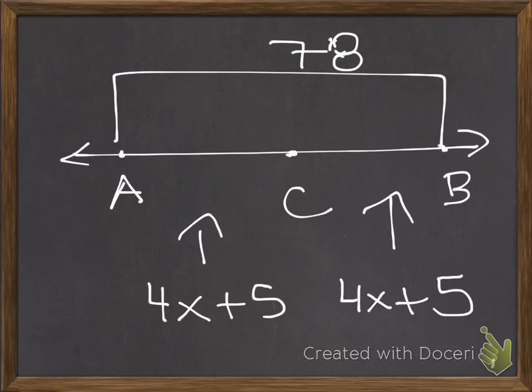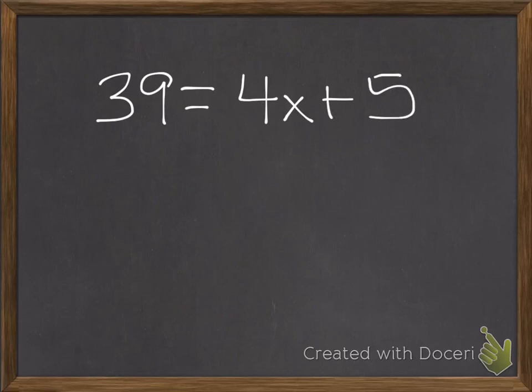I would probably just do half of 78, which is going to be 39, and I would take that and put that equal to 4x plus 5. And solve for x that way.